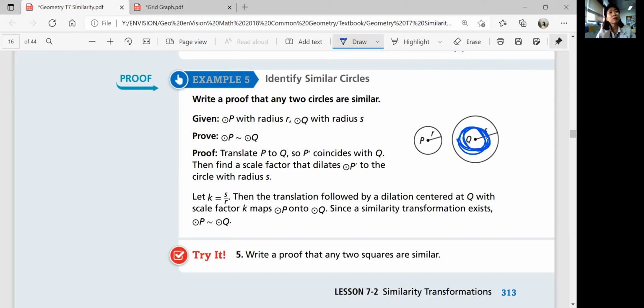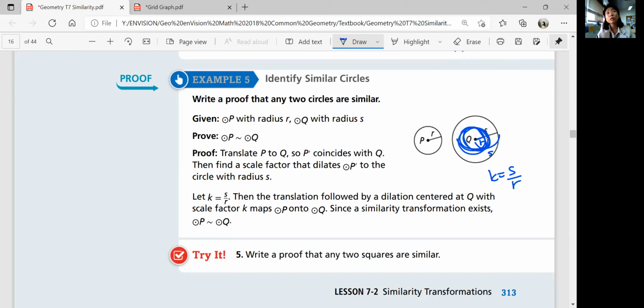And then it coincides with Q, and then you'll find the scale factor that dilates the radius R to the radius S. Okay, so K is equal to S over R. And since there's a scale factor, it's a dilation. So since the similarity transformation exists, the circles are similar.